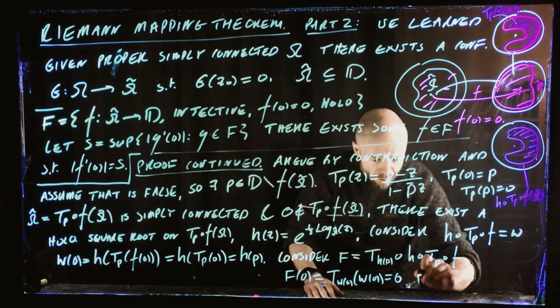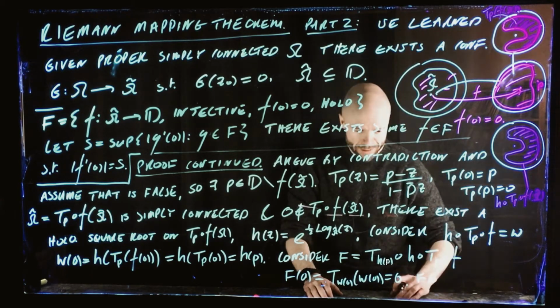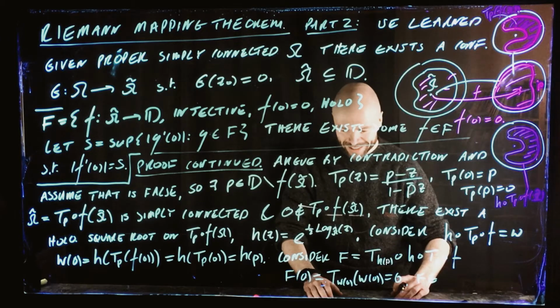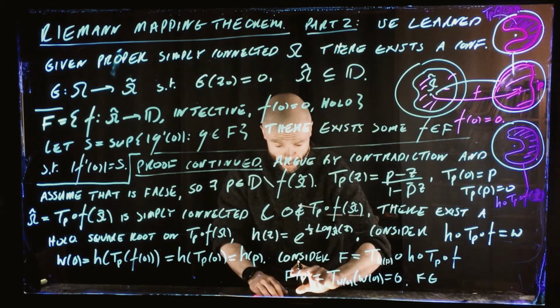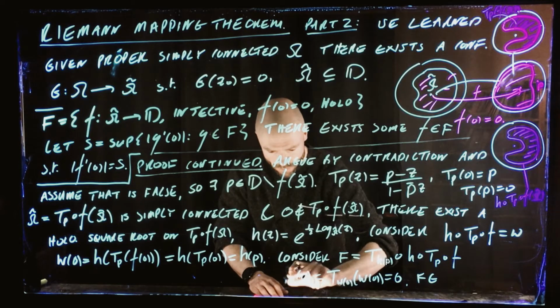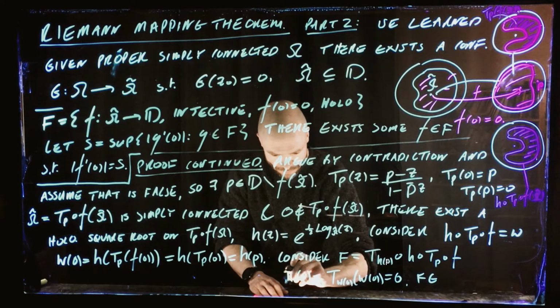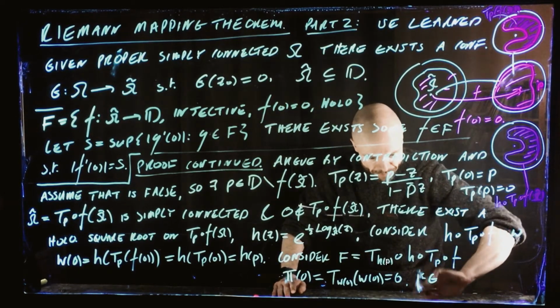So F actually belongs to our function class, which is also called F. Okay, let's not call this guy F, let's call this guy pi. So pi belongs to our function class F.